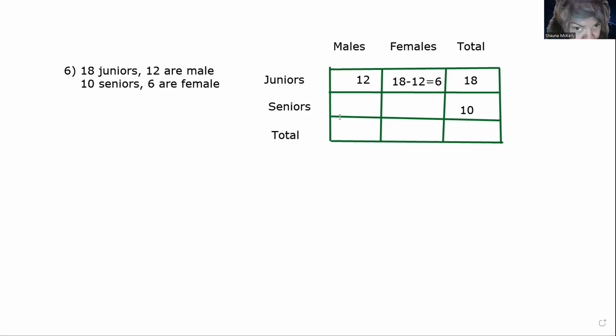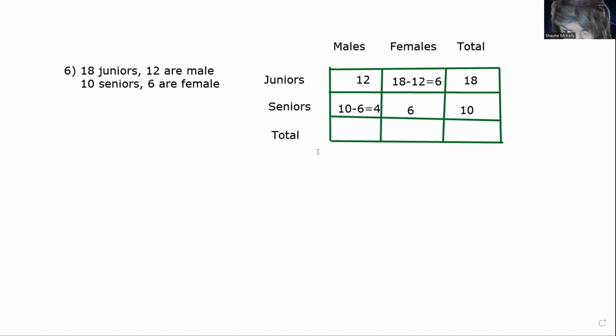Of our 10 seniors, 6 are female. We're given 6, so we put 6 here. Of those 10, 6 are female, so similarly we do 10 minus 6, which is 4.